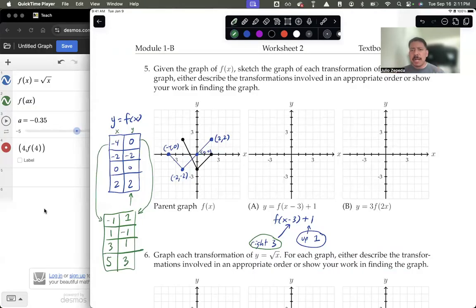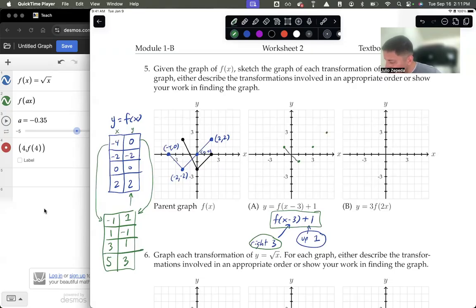My function y equals f of x has been transformed into this f of x minus 3 plus 1. And the points on that new graph are -1, 1, 1, -1, 3, 1, and 5, 3.